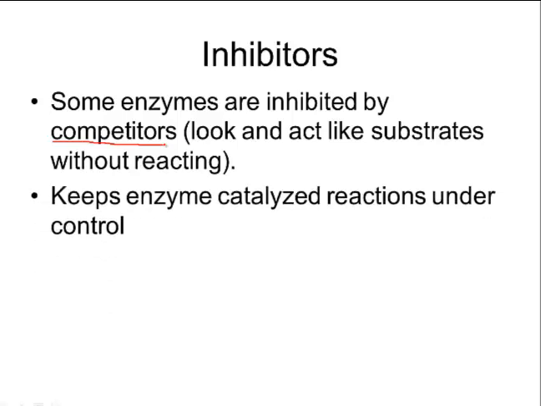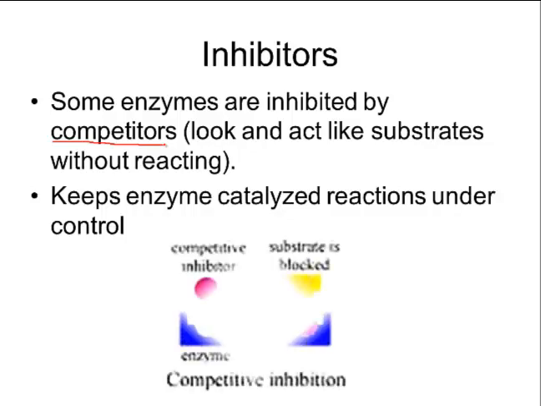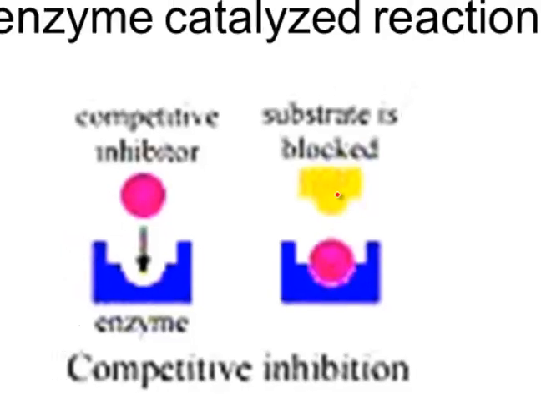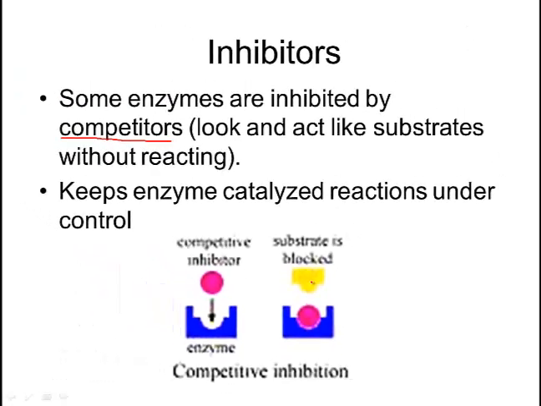So what they'll do is they keep the reaction under control because they will fit into the active site so that the substrate cannot. A lot of times medications will do this. A lot of different kinds of medications will actually act as competitors to our substrates. And that can be really important in some cases when you have enzymes that are actually overacting. So those kinds of things can happen with these inhibitors.